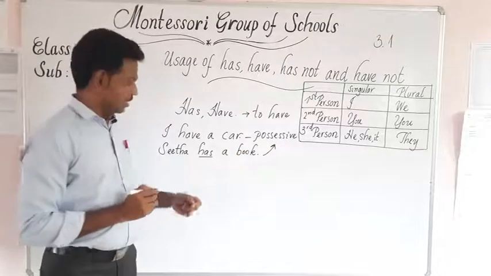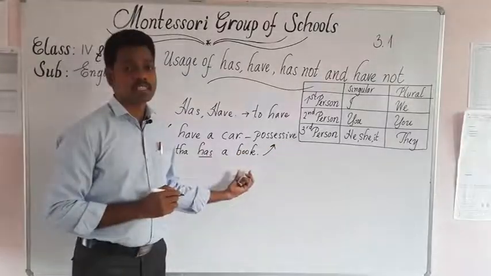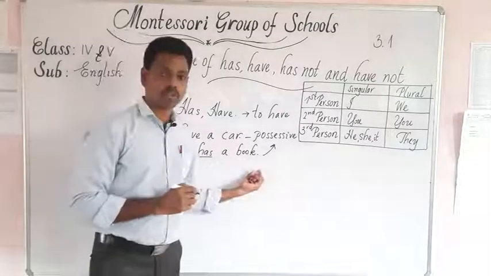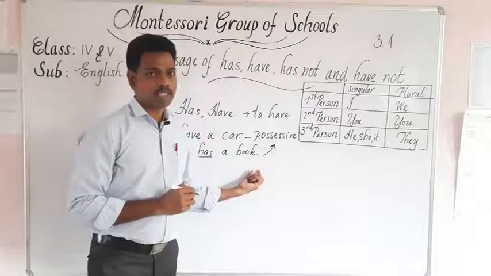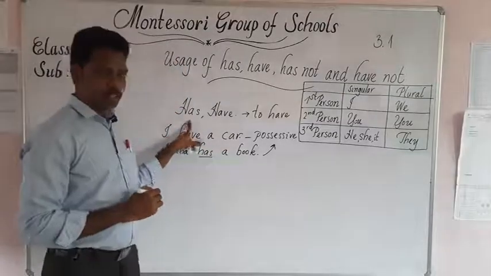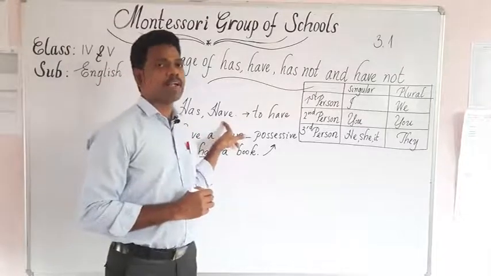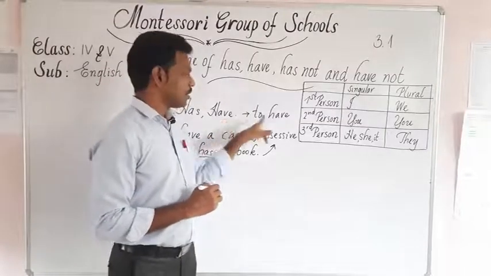That means, Sita possesses a book. Okay, so as I told you, has and have are the different verb forms of to have.